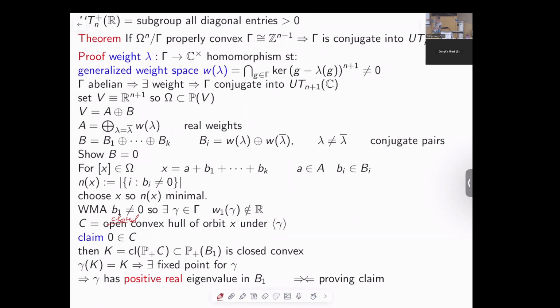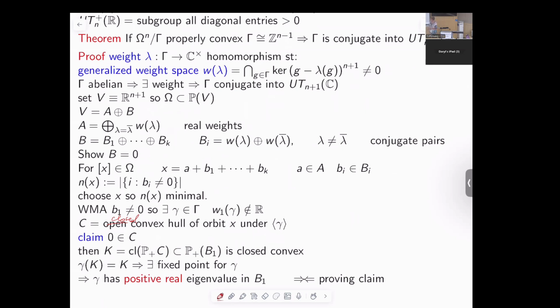We can take the image of this convex set in positive projective space, and you get a closed convex set. And this closed convex set is mapped to itself by gamma. And so there's some fixed point in that convex set. And that fixed point then is a positive eigenvector for gamma in the vector space B1. But all the vectors in B1 have complex eigenvalues for gamma, so that's the contradiction.